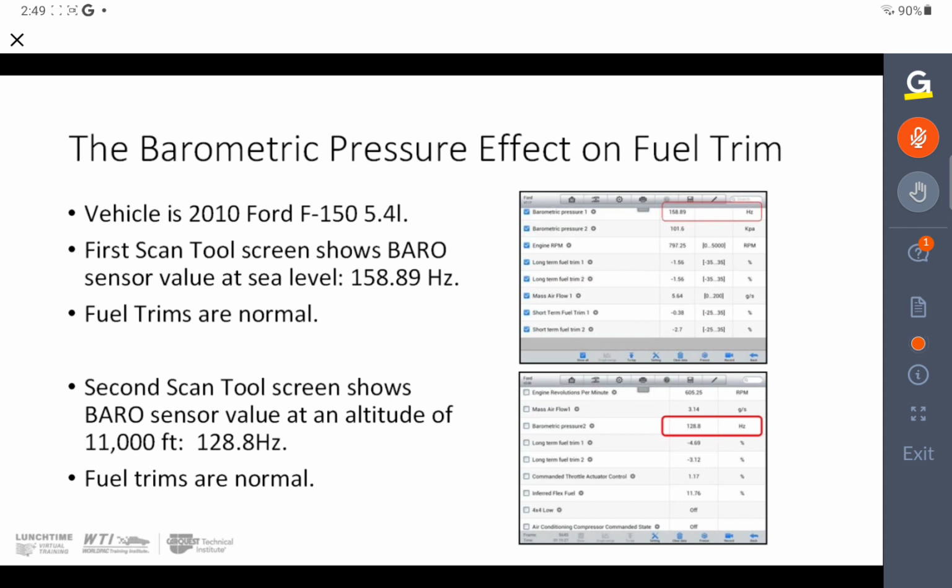The lower chart is showing you the barometric sensor value at 11,000 feet is 128. Again, the fuel trims are normal. When you're looking at fuel trims and you see that fuel trims are out, you want to look at barometric pressure and determine whether that vehicle is operating, or the computer thinks that it's operating, at the right altitude.